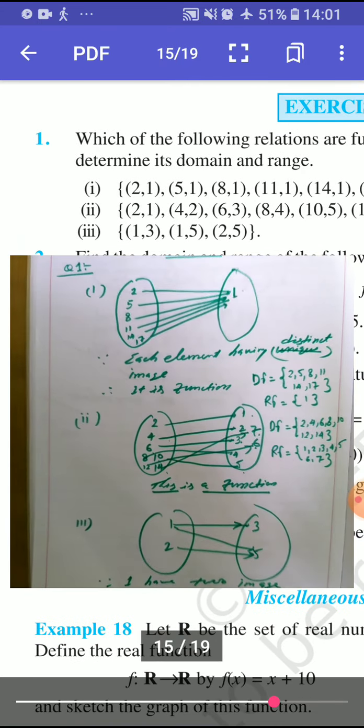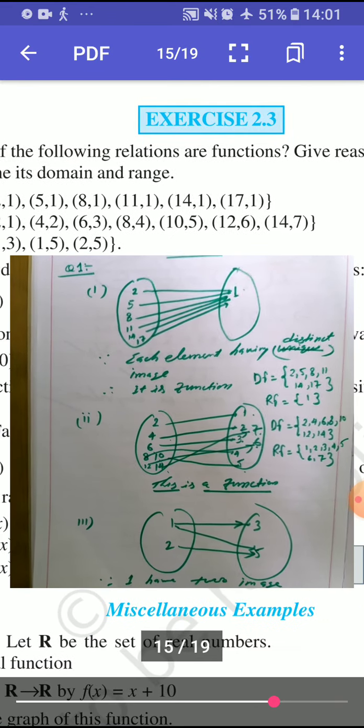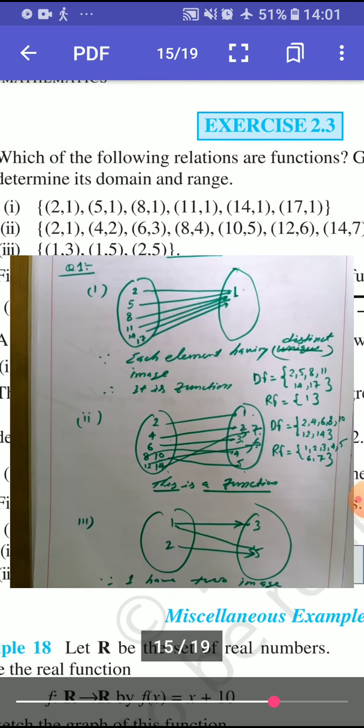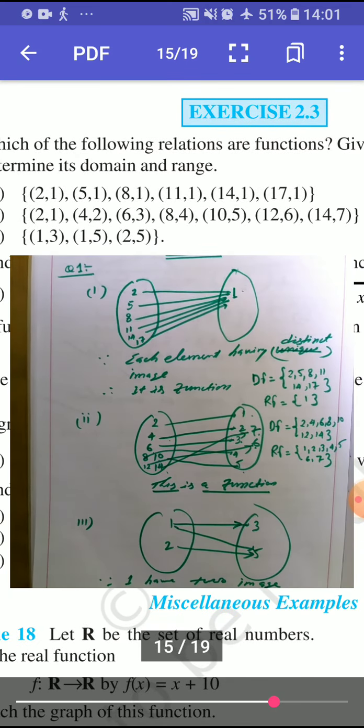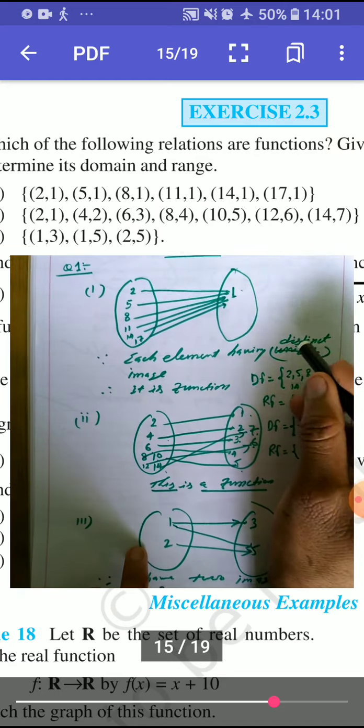The first part says A having elements (2, 1), (5, 1), (8, 1), (11, 1), (14, 1), (17, 1). Since each element is related with 1, each element has a unique image.